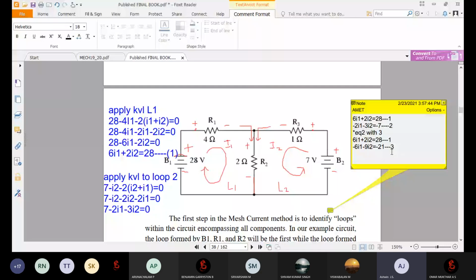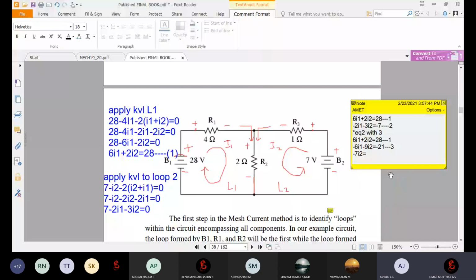Yes, sir. Okay, and what will be your equation? I1 will cancel each other. In the first equation it is plus 2 I2, and in the third equation it is minus 9 I2. So remaining is minus 7 I2 is equal to, here what is the value?